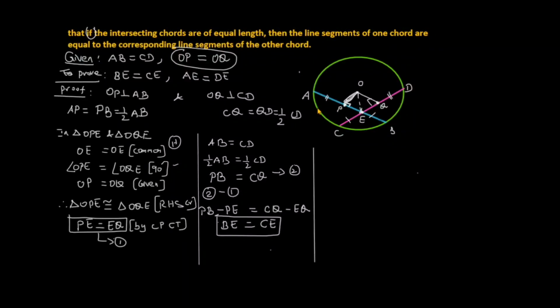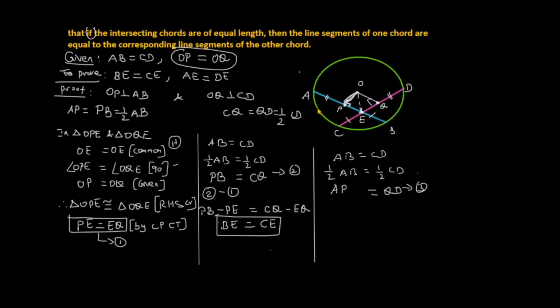Now, in the same way, we know AB is equal to CD, so half of AB is equal to half of CD. Half of AB is AP, and AP is equal to QD. Now, this is the third equation.